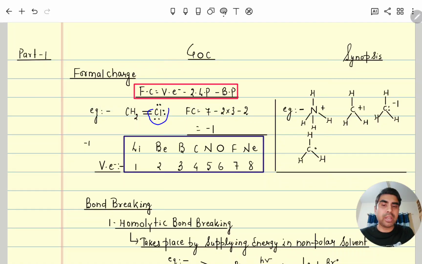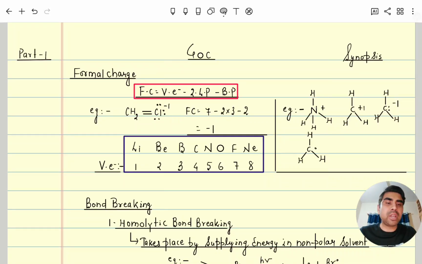So total 8 electrons. It should have 7 electrons but it has 8, so it is minus 1. Whatever electrons are extra from the valence electrons, that is the negative formal charge. And whatever electrons are fewer than its valence electrons, that much positive will be its formal charge.